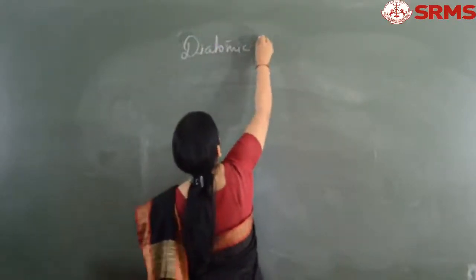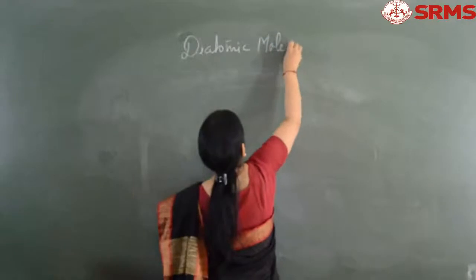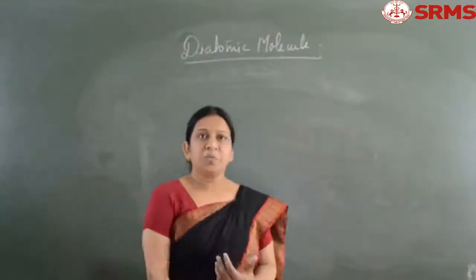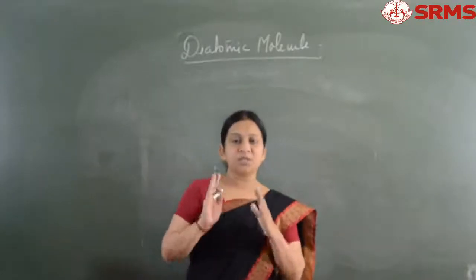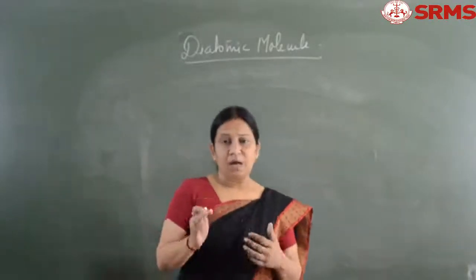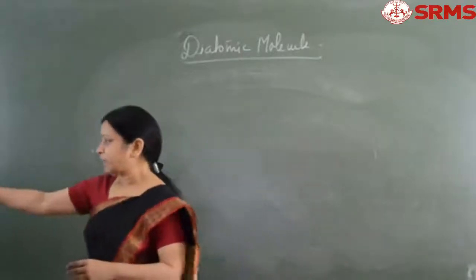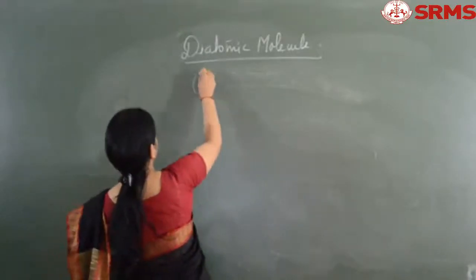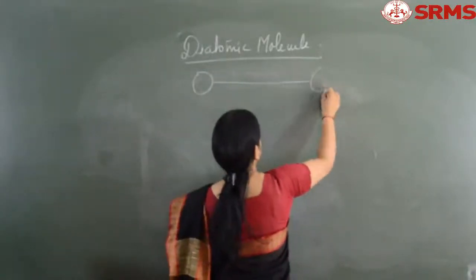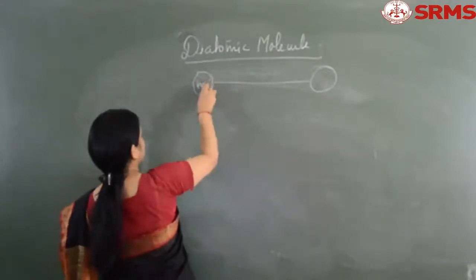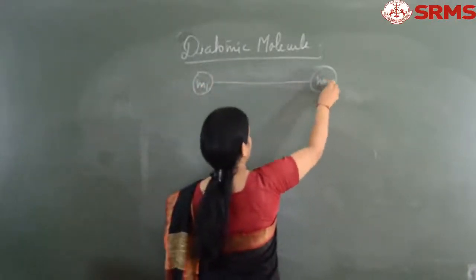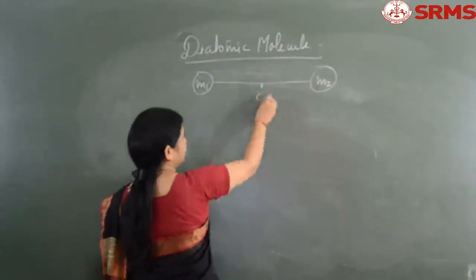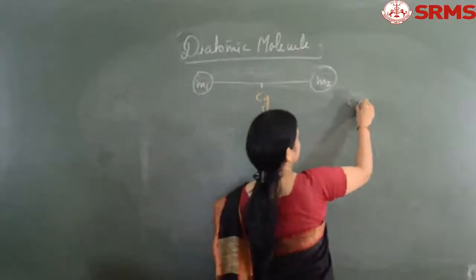Rotational spectra in a diatomic molecule. Normally, when we study rotational spectra, we restrict our discussion to diatomic molecules. The reason I will tell you later on. Suppose these are the two atoms, this is one and this is the other, this is mass m1, this is mass m2, and this is Cg, where Cg is the center of gravity.